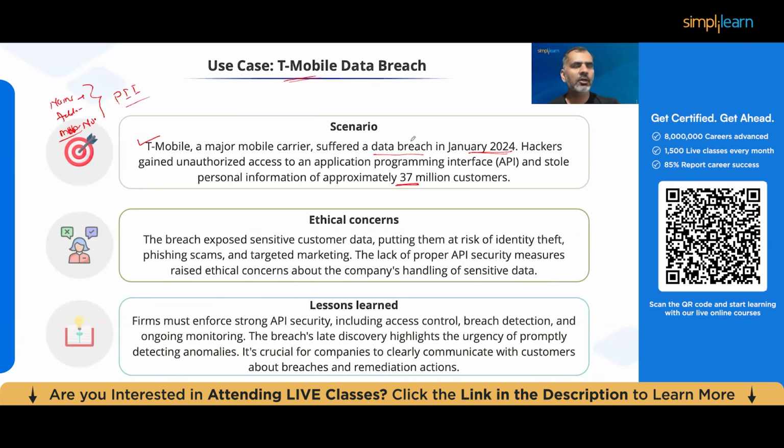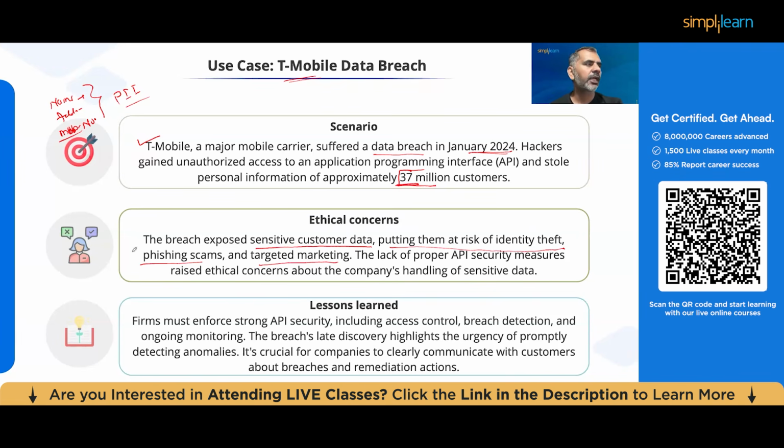So if any person has the information of 37 million customers, he is going to be a king on the data side, guys. He can use this information for any purpose. So what they learned from this incident in 2024: this breach exposed sensitive customer data, putting them at risk of identity theft, phishing scams, and targeted marketing. The hacker can use this data for many other purposes.